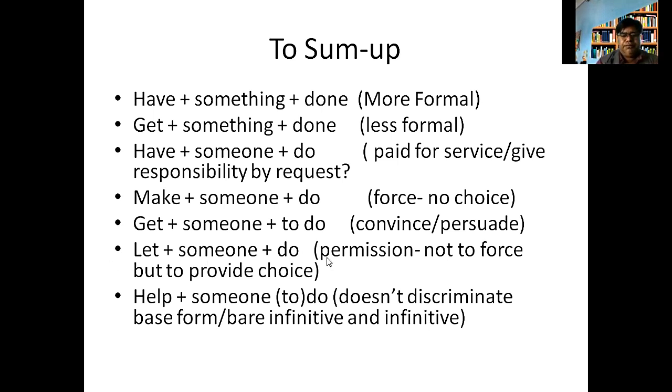Similarly, let someone do is to provide permission, not to force, but to provide choices. Help means someone do or to do. It doesn't discriminate between base form, or bare infinitive, and infinitive. By this, we can use the causative verbs in the right manner according to the situation.